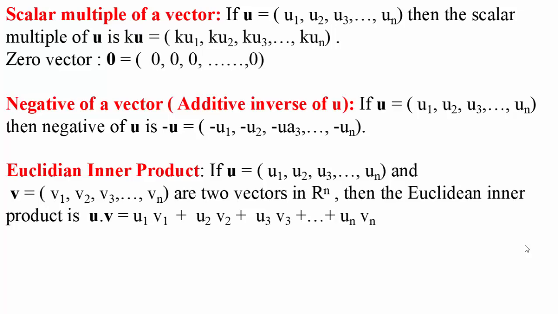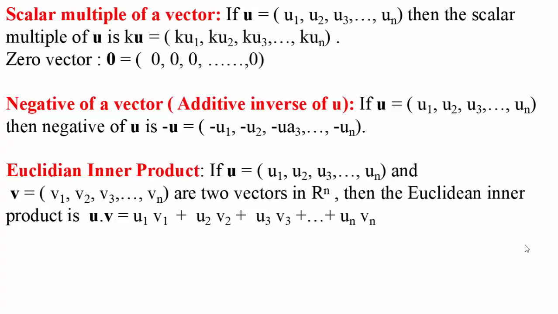If u equals u1, u2, u3, so on un, and v equals v1, v2, v3, so on vn are two vectors in Rn, then the Euclidean inner product is denoted by u dot v, and it is defined as u1 v1 plus u2 v2 plus u3 v3 plus so on un vn. That means taking a Euclidean inner product means taking a dot product.